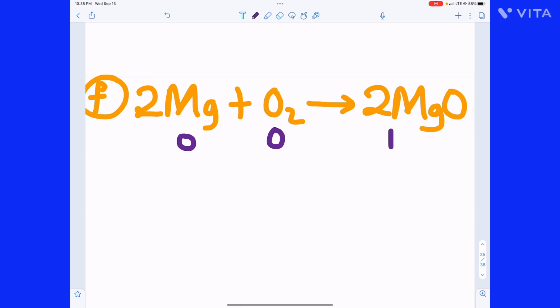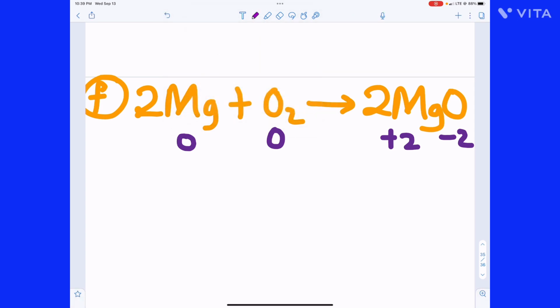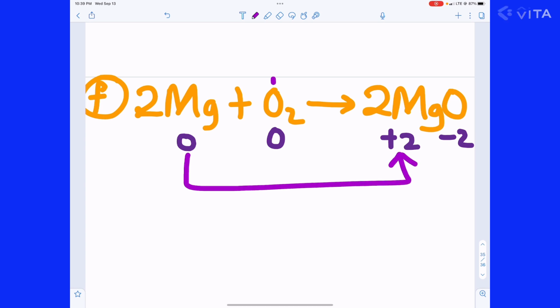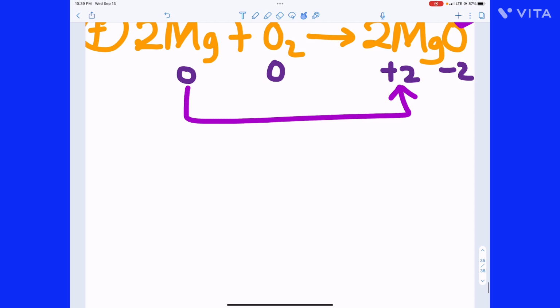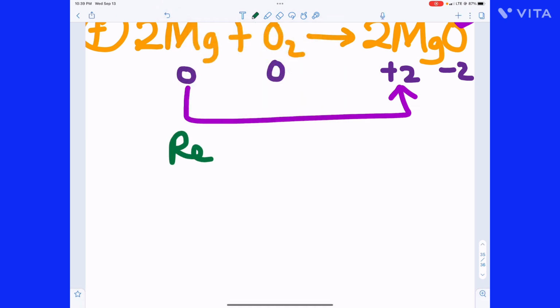But by the time you get to the right, the oxidation number of magnesium changes to +2, and that of oxygen becomes -2. That tells you that magnesium has increased in oxidation number, while oxygen has decreased in oxidation number. So this reaction is a redox reaction.